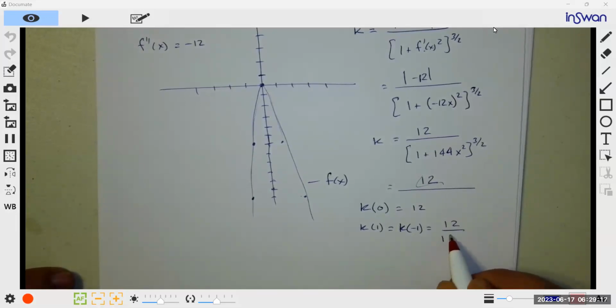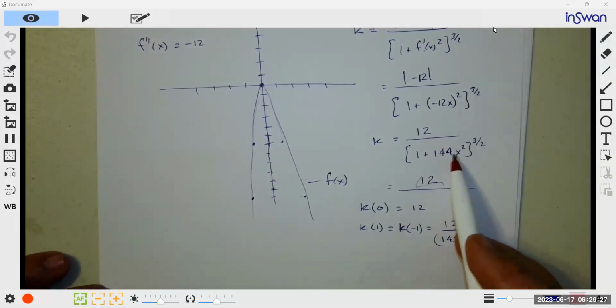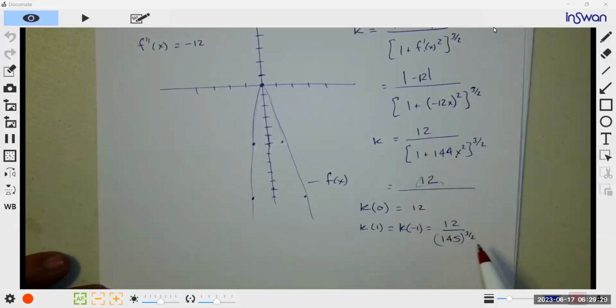Twelve over 145. So 1 squared is 1 times 144 plus 1.